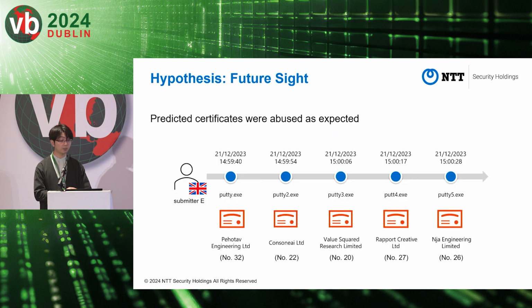By reviewing uploader E's timeline, we can see that all the certificates we predicted would be abused were indeed used in this attack. In this way, by focusing on the known uploader and identifying new test samples they submit, it is possible to predict which certificates will be abused in advance.